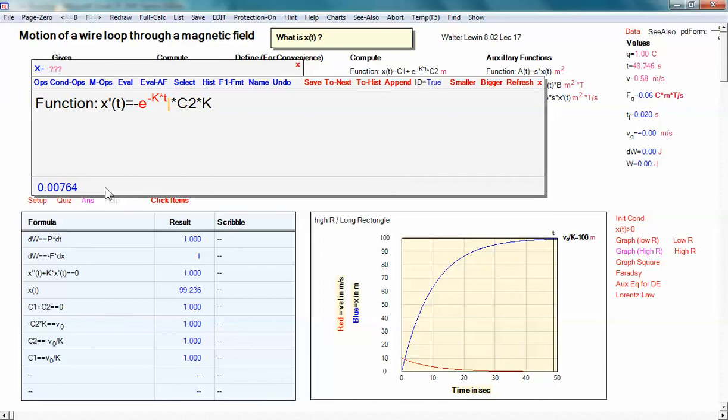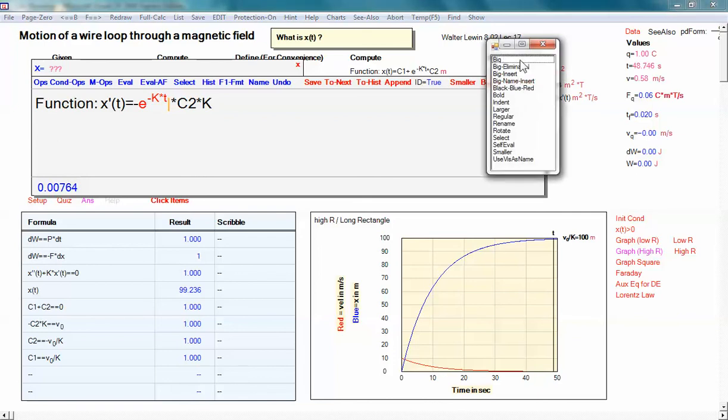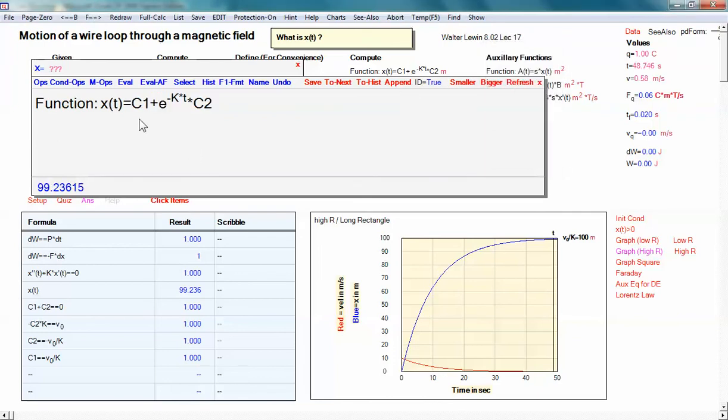And what about x of t? Well, that's the blue line here. And the way to think of the blue line, let's bring this up again, it's C1, which is 100. C1 is 100. So that's an asymptotic approach line, the line that the blue function is approaching asymptotically. And this quantity here represents the difference between the 100 and the blue line.